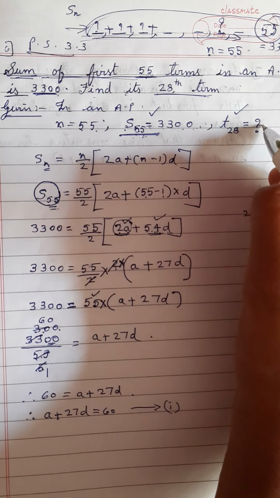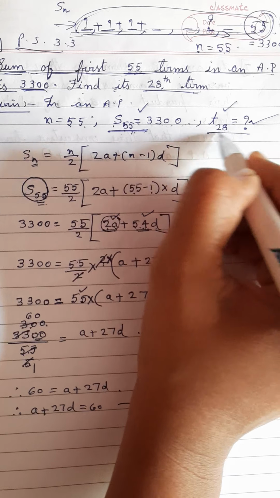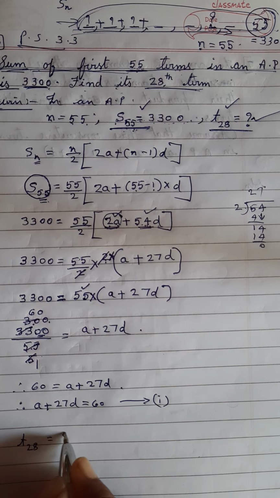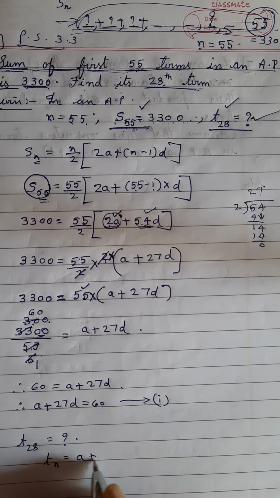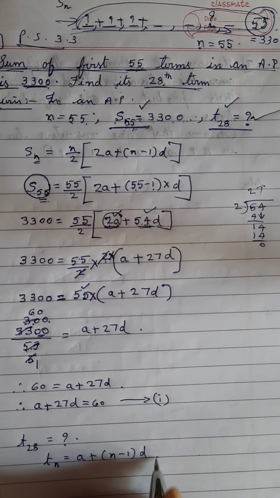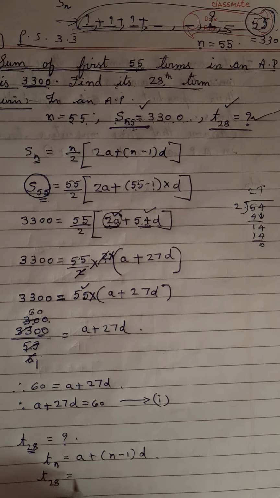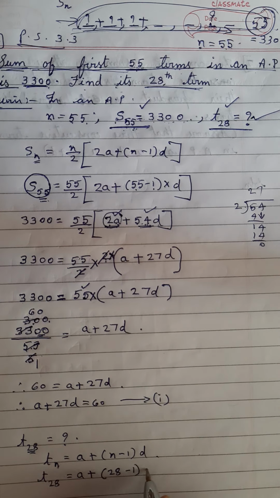Next we take the Tn formula. Actually it is asked to find T28, the 28th term. So we use the Tn formula: Tn is equal to a plus n minus 1 d. Here n is 28, so T28 is equal to a plus 28 minus 1 d.